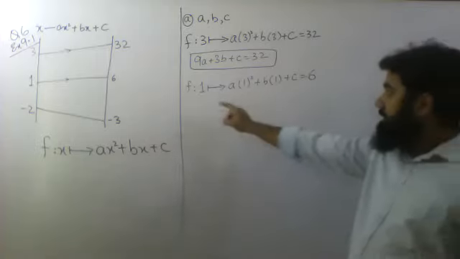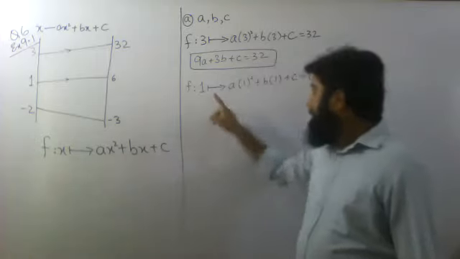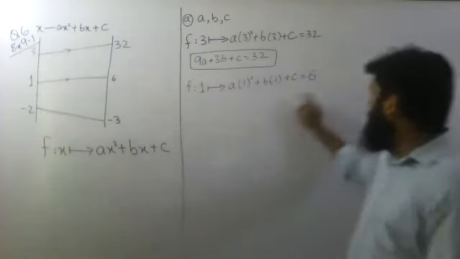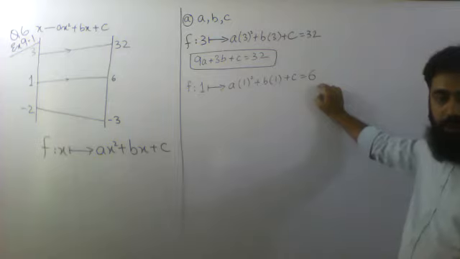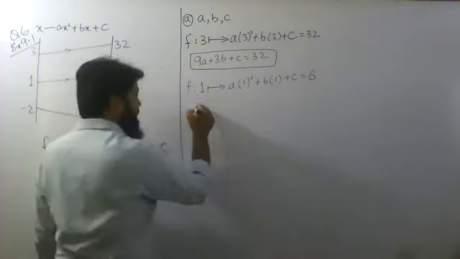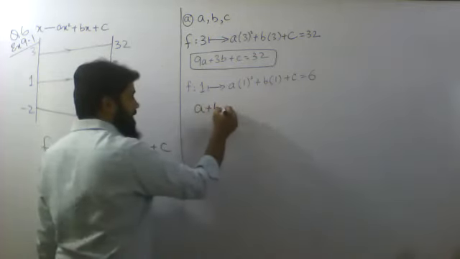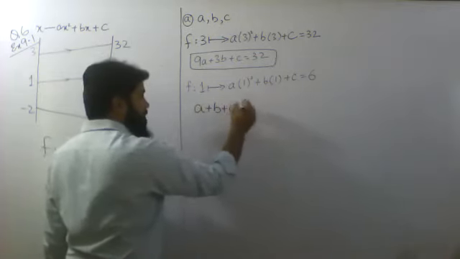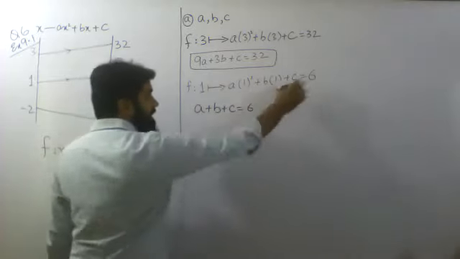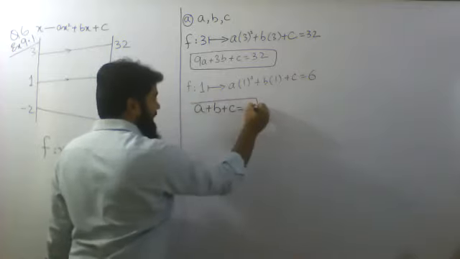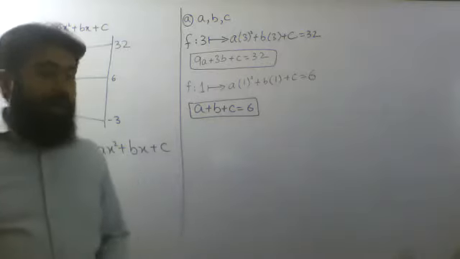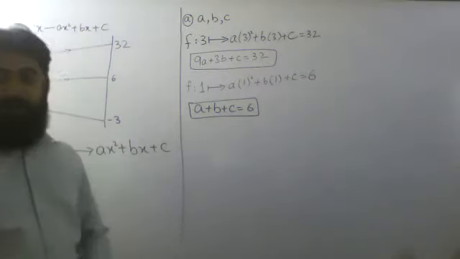When I have replaced all x by domain 1, they are saying the range will be equal to 6. Simplifying it, a plus b plus c equals 6. That's your second equation. Again, I can't solve it further, so I have left it at this point.